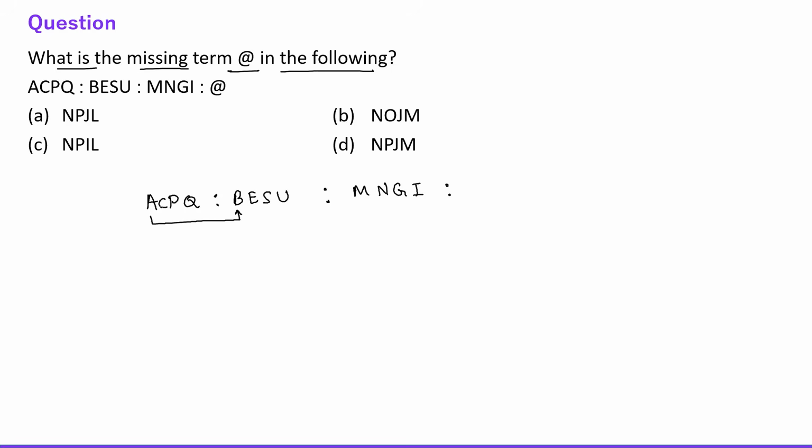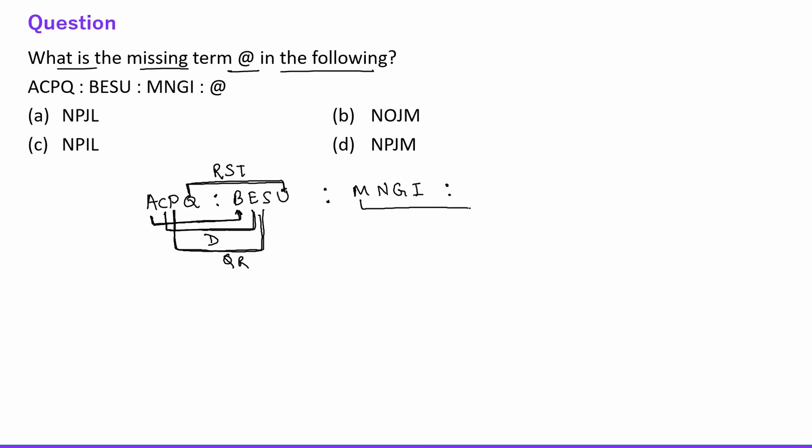A, next alphabet to A is B, then C, D, E, the gap of one alphabet. P, Q, R, then S. Q, R, S, T, then U. So here just next alphabet, then gap of one alphabet, then gap of two alphabets, and then gap of 3 alphabets.